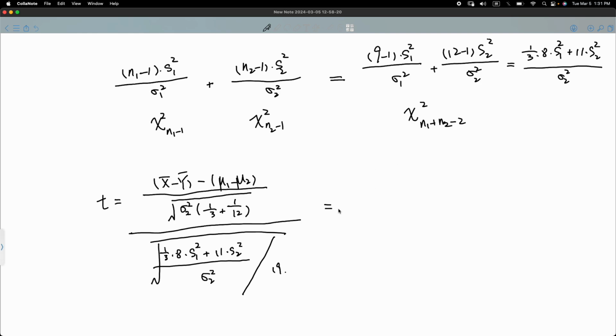And this can be simplified to x bar minus y bar minus mu1 minus mu2 over 1/3 multiplied by 8 s1 square plus 11 multiplied by s2 square.